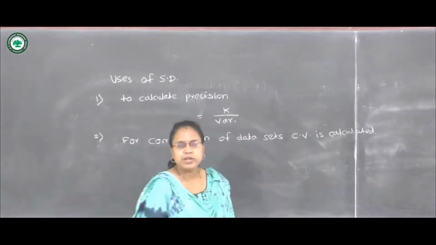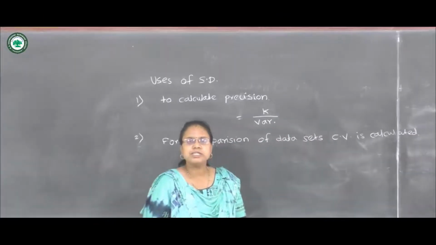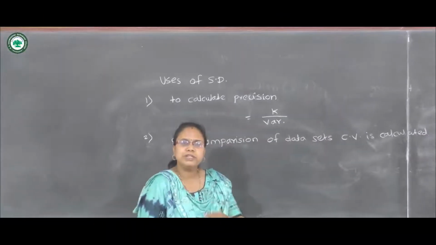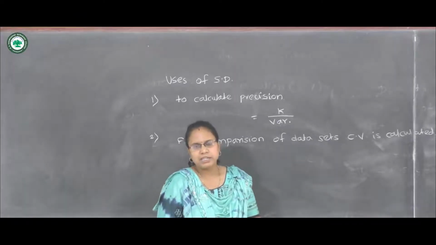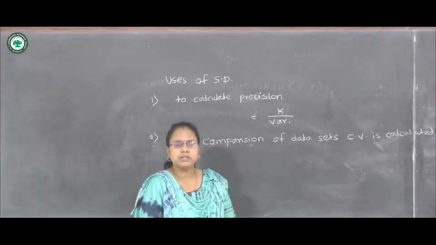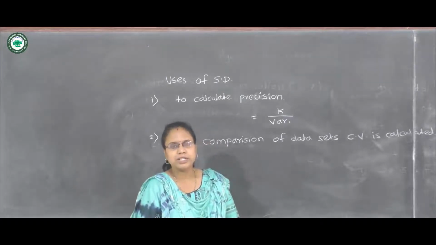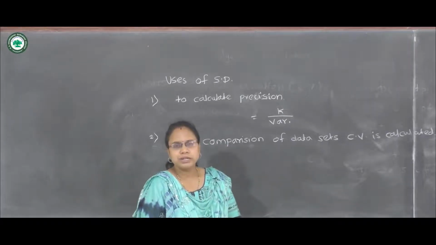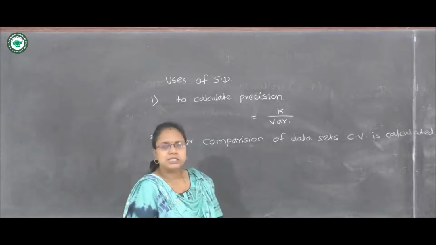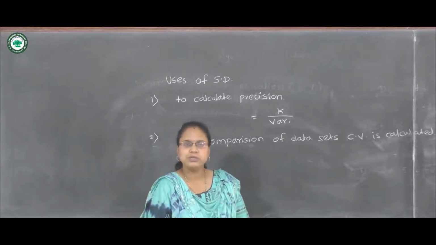Further, in portfolio analysis, the risk factor is calculated by using standard deviation, which means the standard deviation of the price of shares is calculated there. There are many more examples where standard deviation is used.